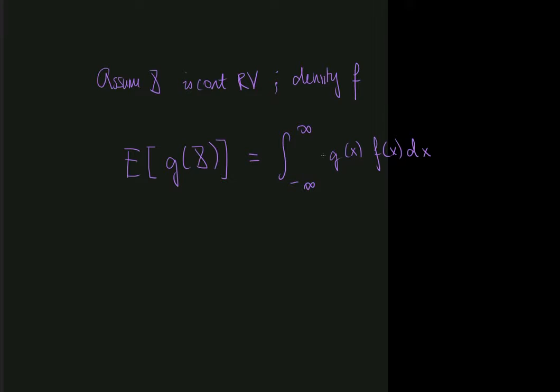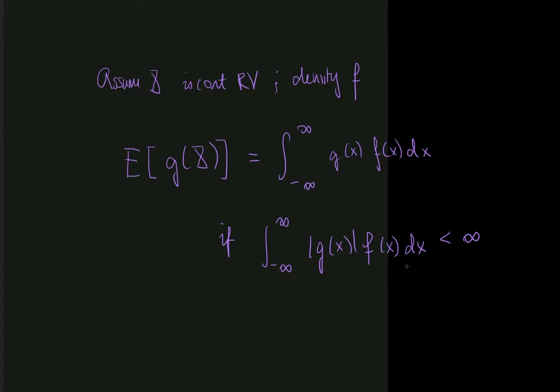If g is integrable with respect to the distribution, in the sense that if this absolute value of g multiplied by f of x dx integrates to something that's smaller than infinity.